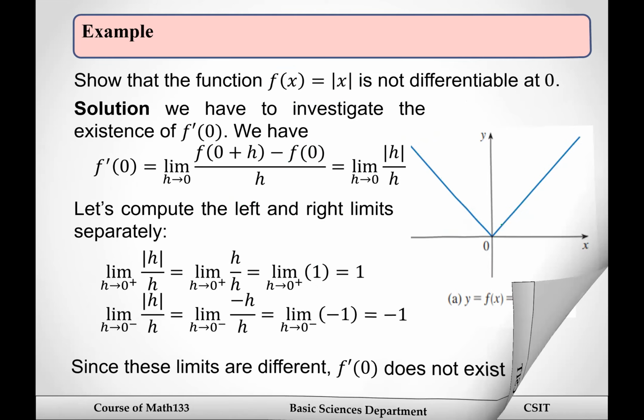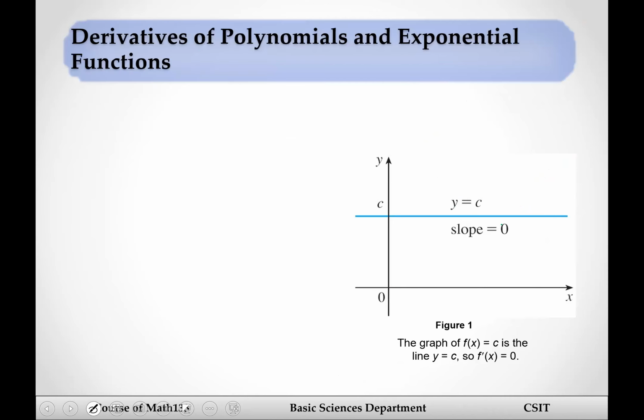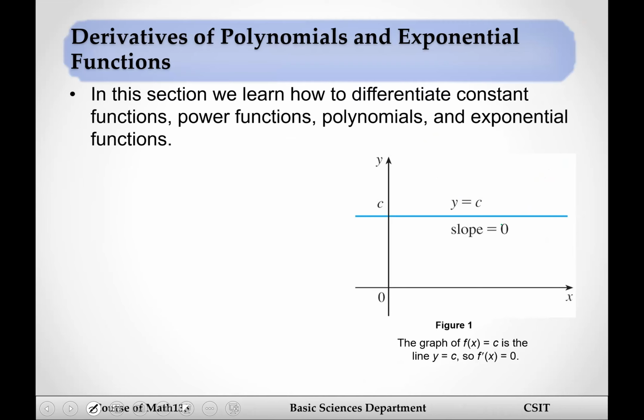Good. So look here at some special, particular functions, like the constant function. In fact, the constant function has a graph like that, which is a horizontal line. So clearly, when you take the slope, the variation of this function, it is equal to 0, since y is constant all the time for any point.